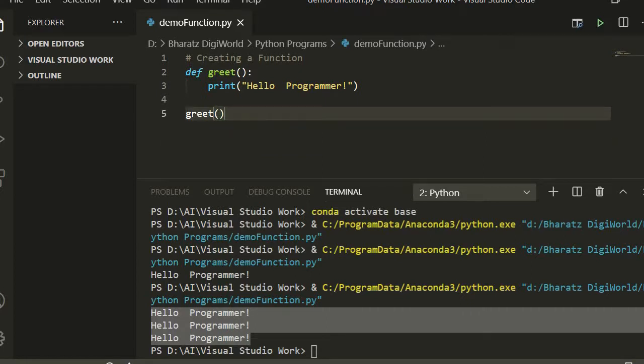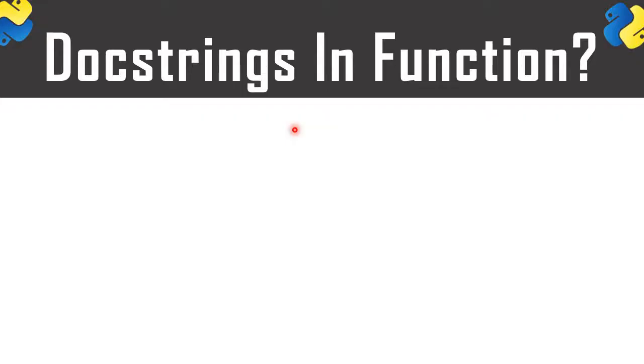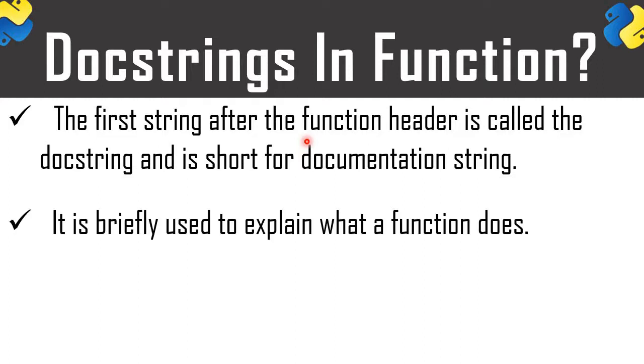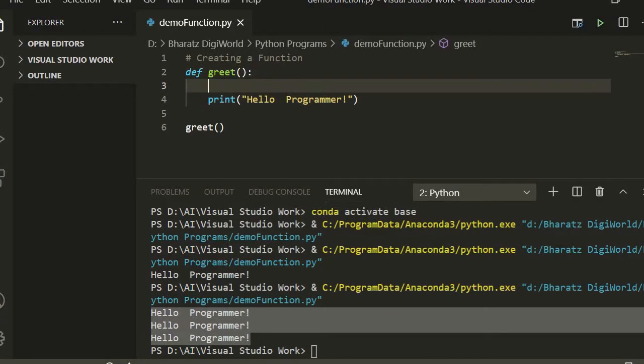Now let's move to another topic, docstrings in function. Let's see what it is. The first string after the function header is called a docstring and it is shortly known as documentation string. So the very first string after the function declaration is known as a docstring, and we write it to explain what a function does. For example, in this function I have written the docstring as greet someone.